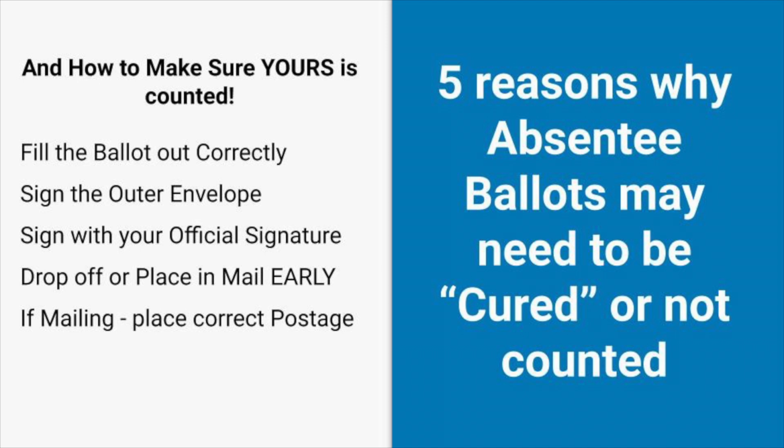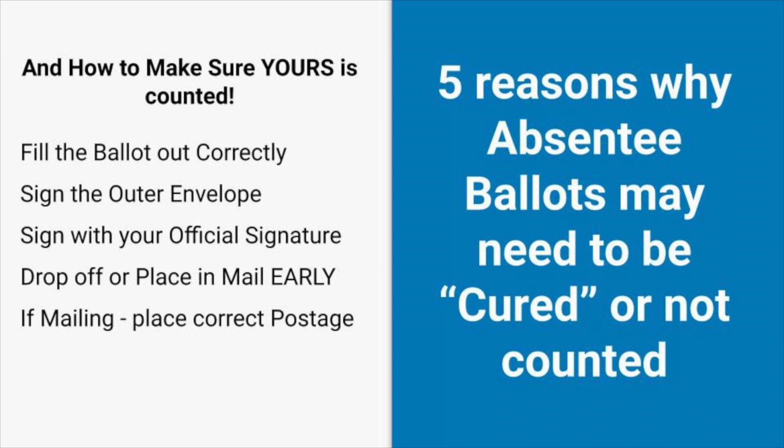Number 3, if you are mailing the absentee ballot, the post office is recommending that you allow 15 days before the election. If it is postmarked by November 3rd and it arrives no later than 3 days after the election, it will be counted.